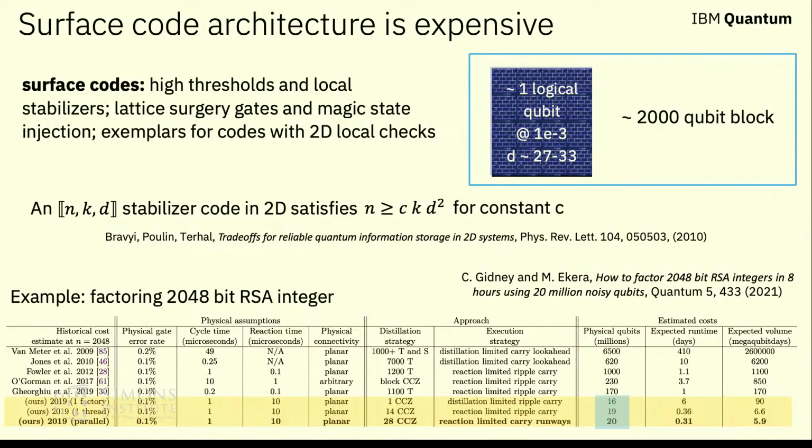And this means that just to encode 1 logical qubit, you need roughly 2,000 physical qubits in your code block. And this is before you even get into the magic state strategies, of which they tried several. Really, this overhead is coming from the nature of these 2D local codes.